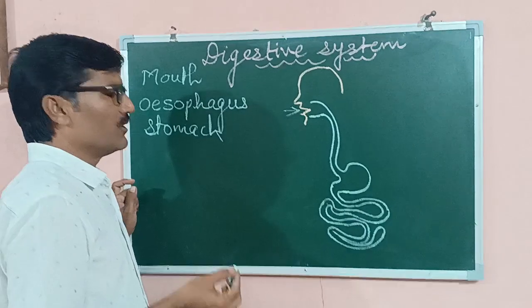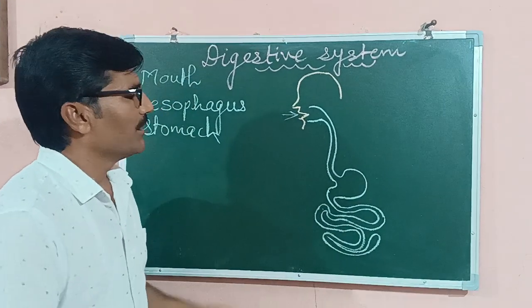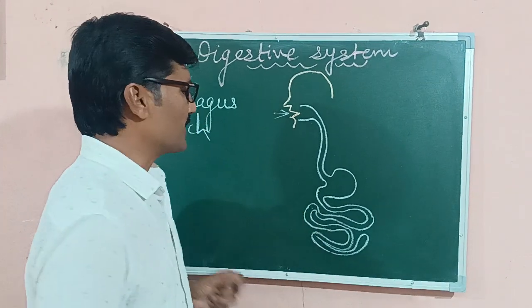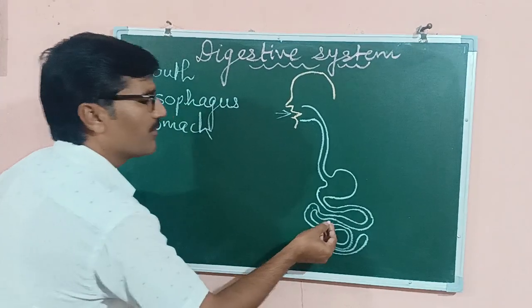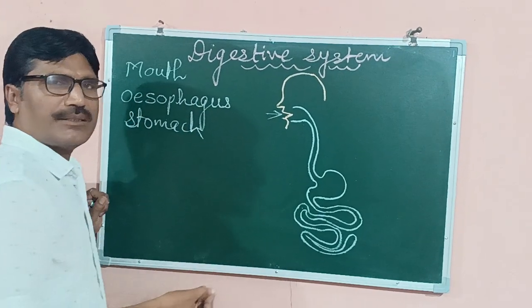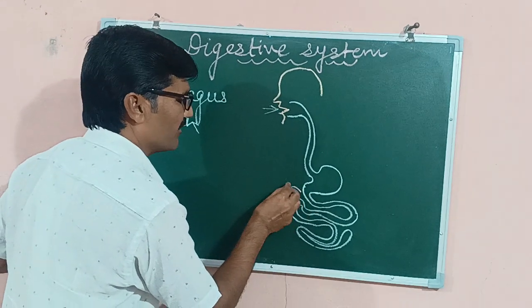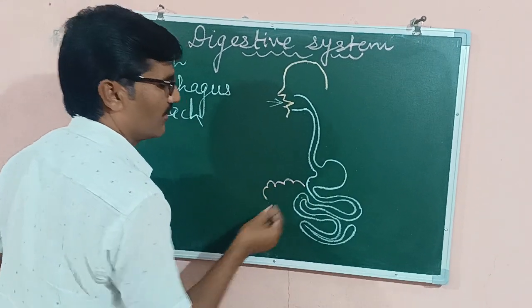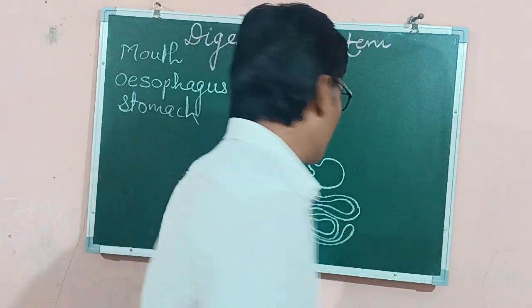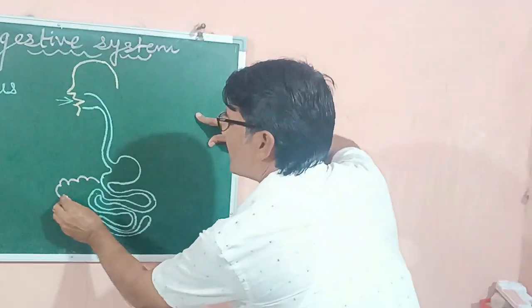No need to make the proper diagram. Okay, so it is called the small intestine, and the small intestine is covered and well protected by the large intestine. It is well covered and protected by the large intestine in this way.